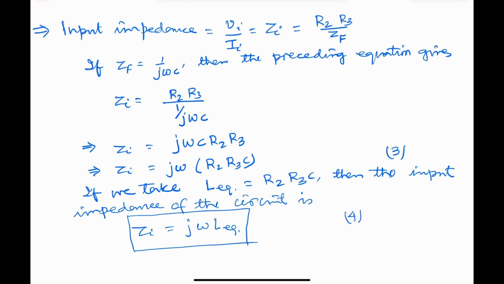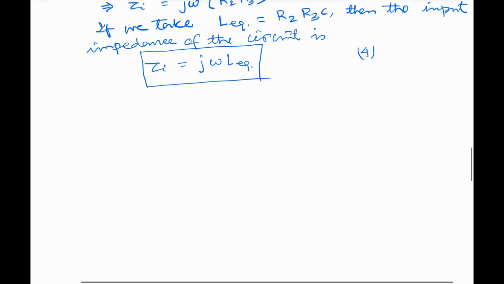So this is how an inductor can be realized using operational amplifier. You see from here that we have taken L equivalent equal to R2 R3 into C.